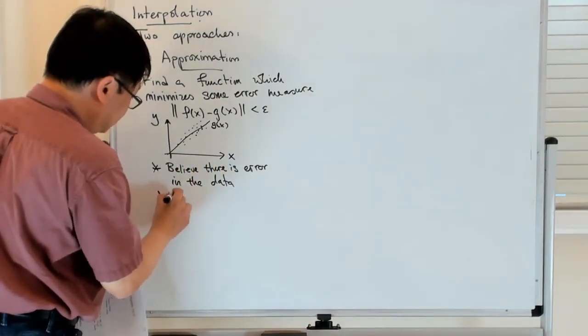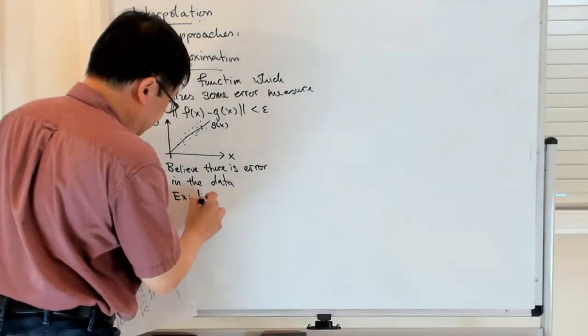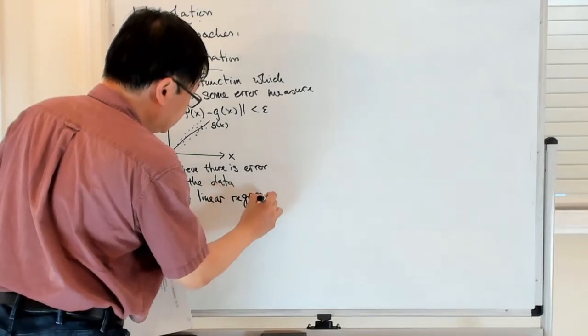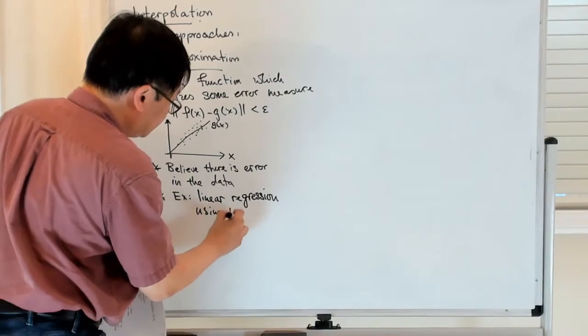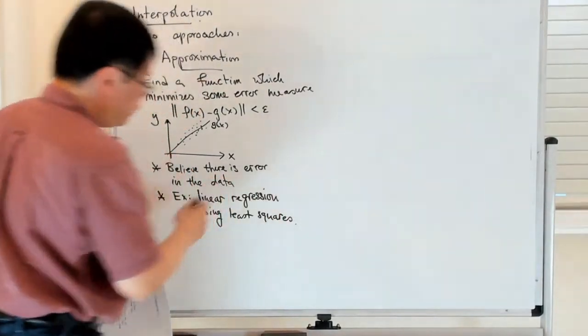An example of this is linear regression using least squares. So that's something which we discussed.